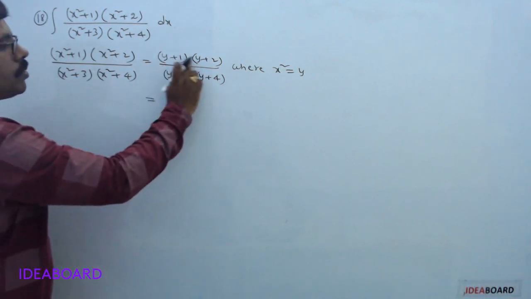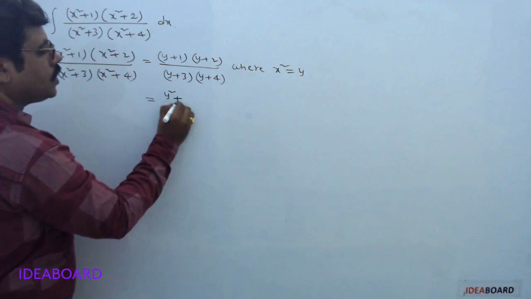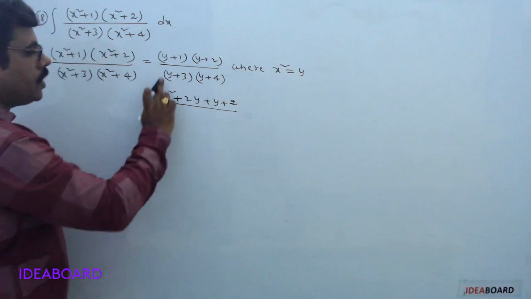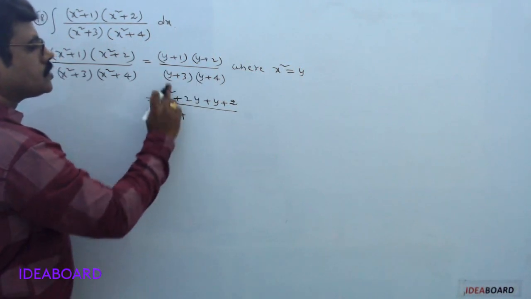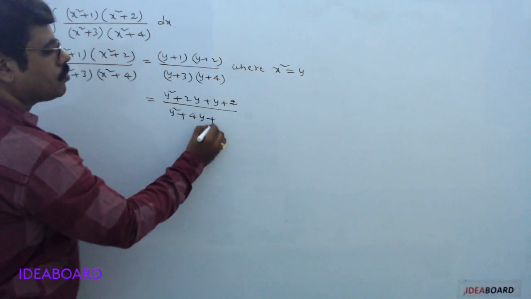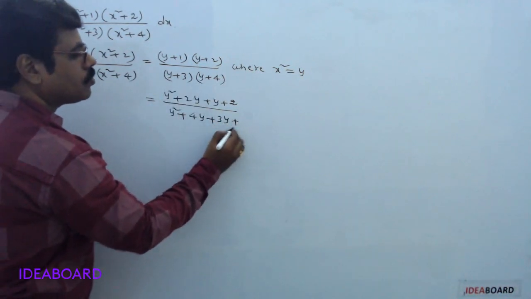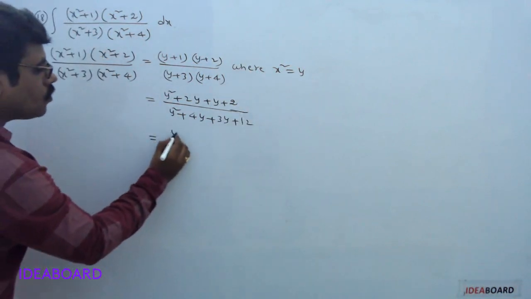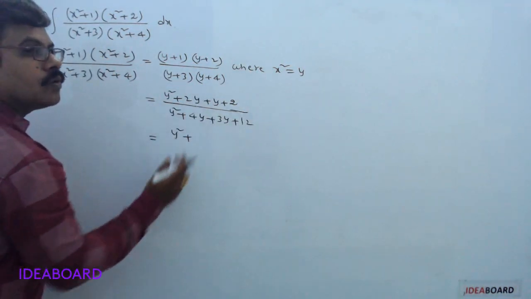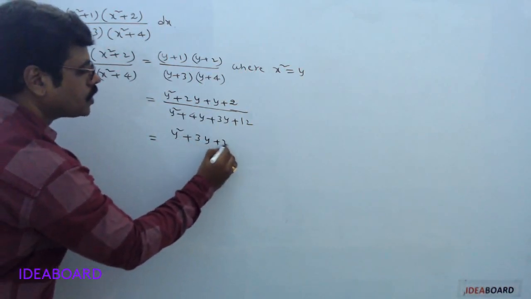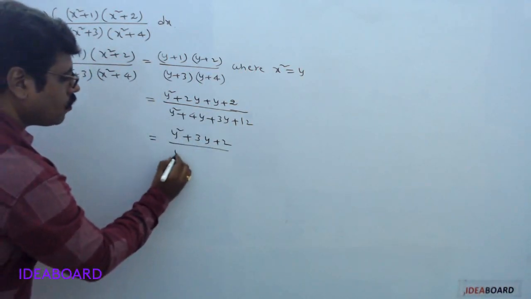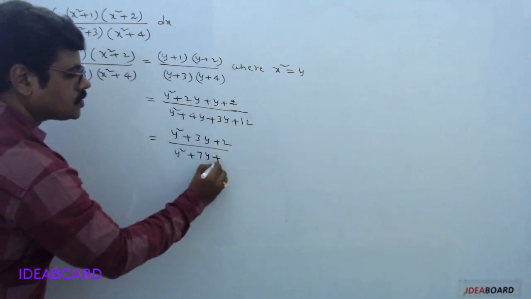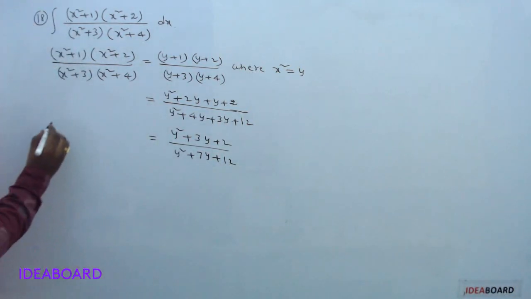Now this equals, multiply these two factors: y square plus 2y plus y plus 2 divided by y square plus 4y plus 3y plus 3 into 4, 12. Now this is y square plus 2y plus y, 3y, plus 2 divided by y square plus 4y plus 3y, 7y, plus 12. Now what is the LHS part?